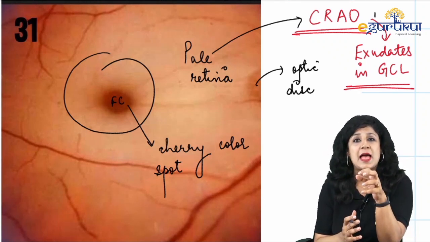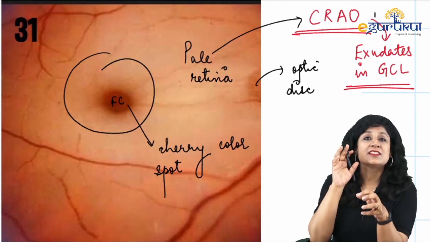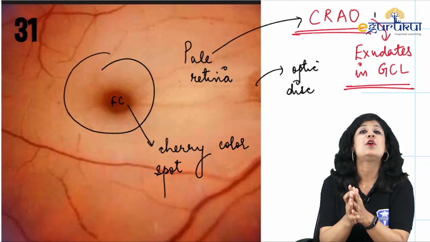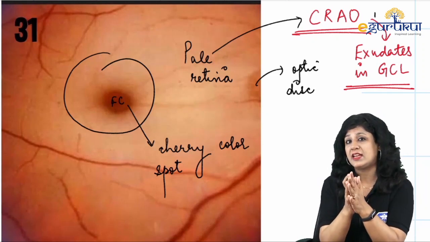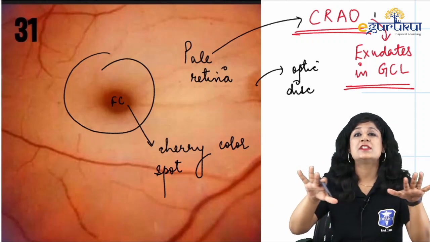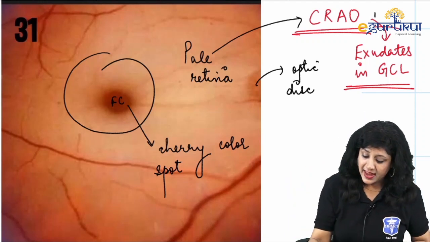So what is happening? The choroid still shines through the fovea centralis. I was having a red glow in the whole of the retina because the choroid was shining in the retina. But now all of that glow is covered by these exudates.